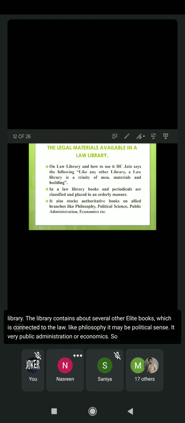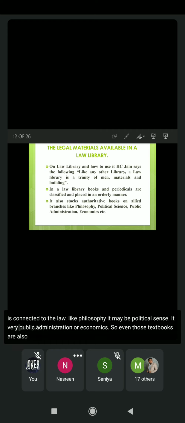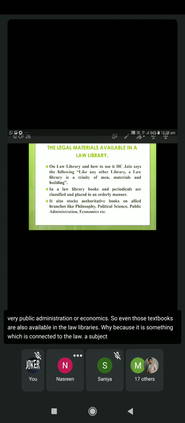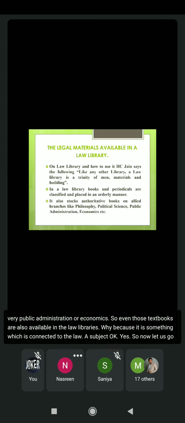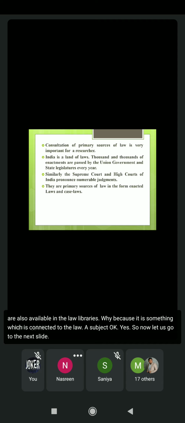Even those textbooks are available in law libraries. Why? Because they are connected to the law subject. Okay, yes. So now let us go to the next slide.